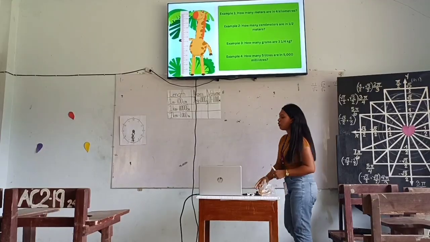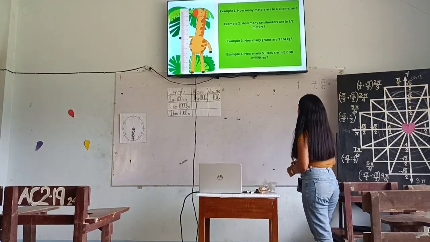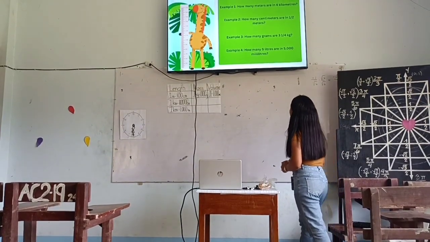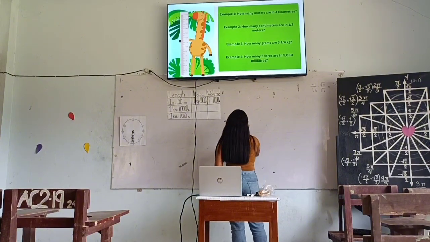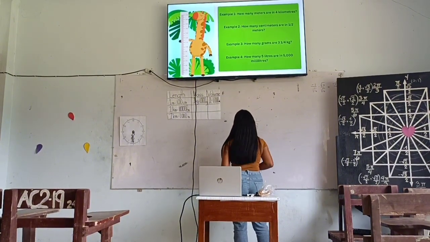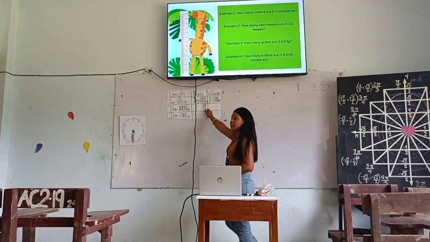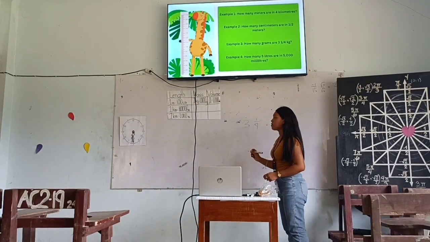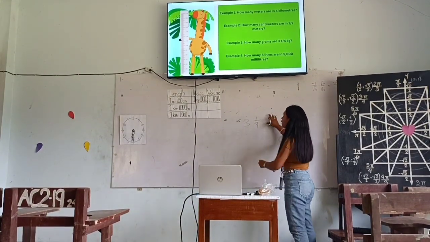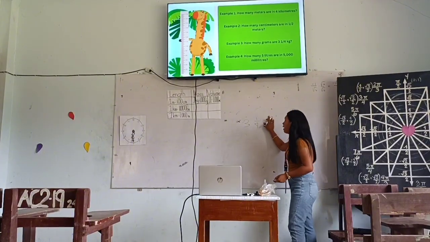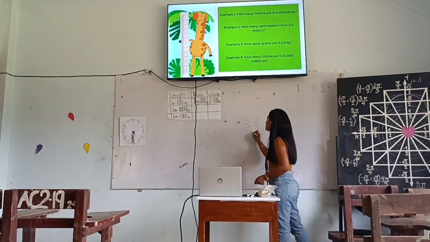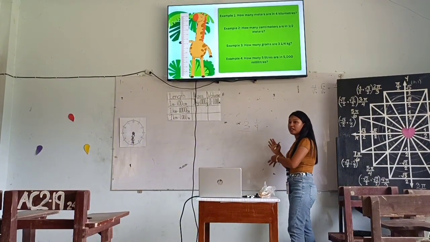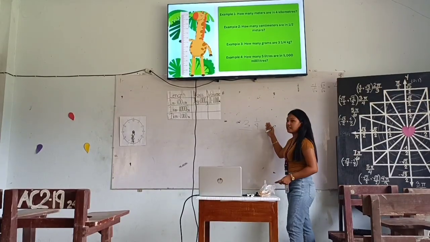Okay, let's move forward to example number 3. How many grams are in 3 1/4 kilograms? So, mass. Here we are now in mass. In 1 kg, there are 1,000 grams. But first, we need to convert this to decimal form. Since these are long numbers, we need to convert the fraction to a decimal point.